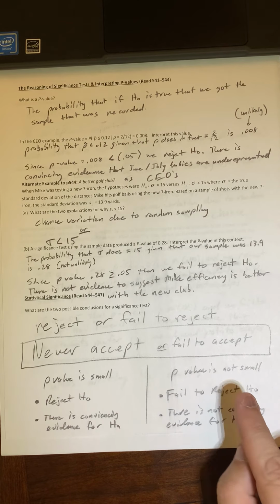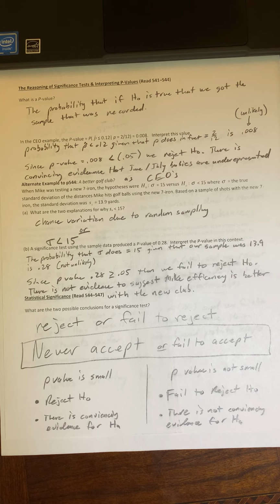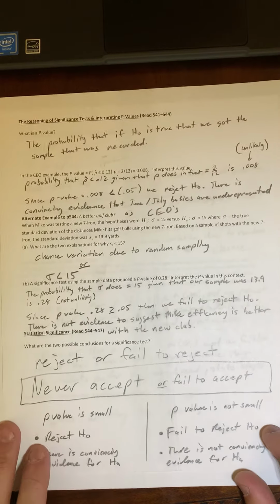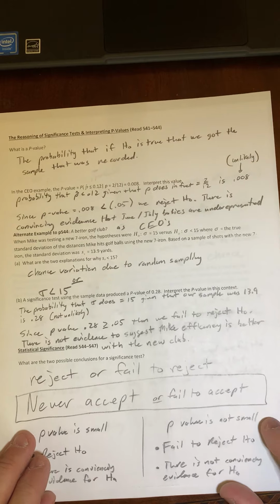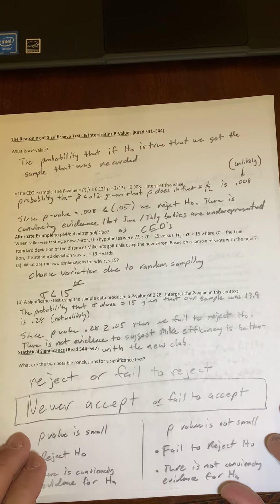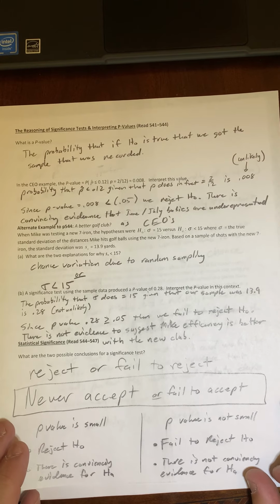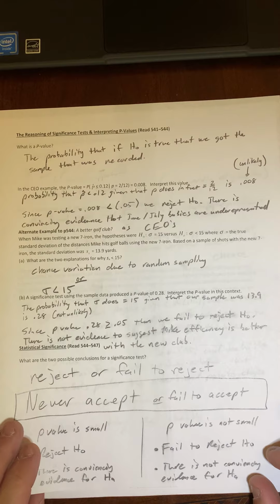If the p-value is not too small, then we fail to reject it. We don't have enough support to reject the null. And again, don't say we accept the alternate. You say that we have evidence to suggest that the alternate is true, but you don't accept it, and it doesn't prove it either. It's just convincing evidence.